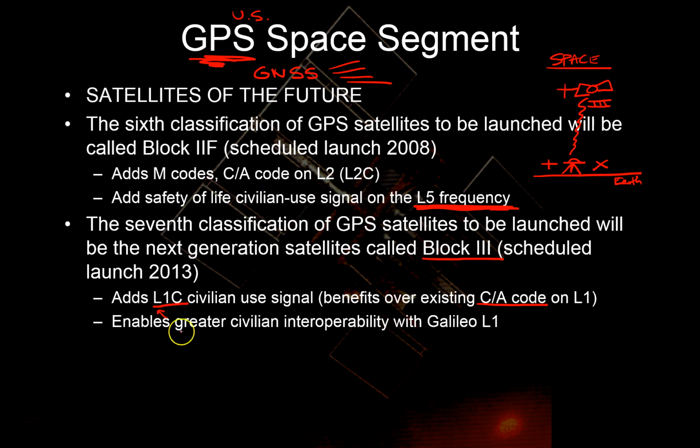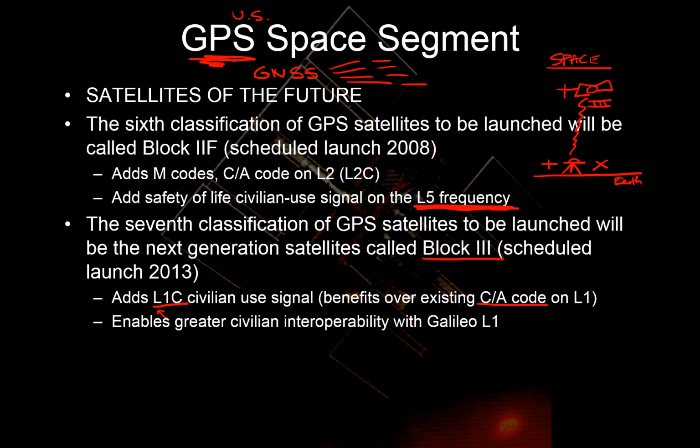Again, L1C allows for greater civilian interoperability with Galileo's L1 signal, as well as some of the other GNSSs, although we don't want to talk too specifically about those. So the idea is eventually you might have a single receiver that only tracks, say, L1C and L2C. Well, L2C is specific to GPS, but let's just say it only tracks L1C.